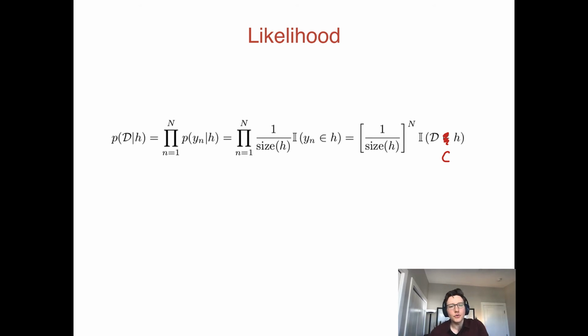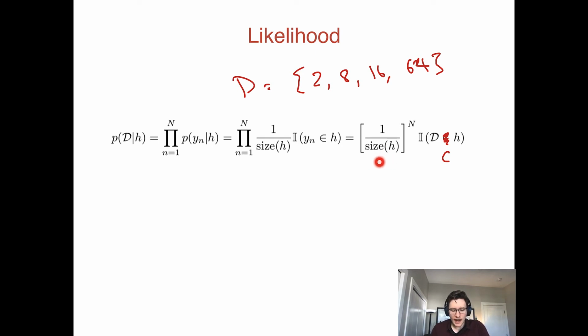Now, this shows us something useful that helps us formalize part of our intuition. Note that this probability, or this likelihood, is going to be smaller the larger h is. So if we put h as the set of the even numbers, and again, we gave d as 2, 8, 16, 64, there are more even numbers than there are powers of 2.